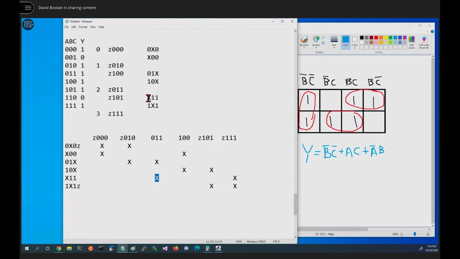I don't want to spend a lot of time trying to do this, but let's just back check what we did. 0x0, x0, 0, and here we got an x1, a 0, 1x, 1, 0x, an x1, 1, and a 1x1.